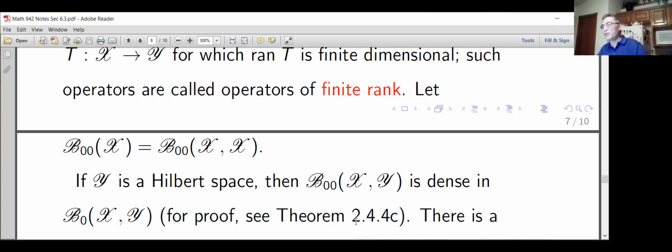In the proof, we can see that it depends on the fact that we have a separable Hilbert space.